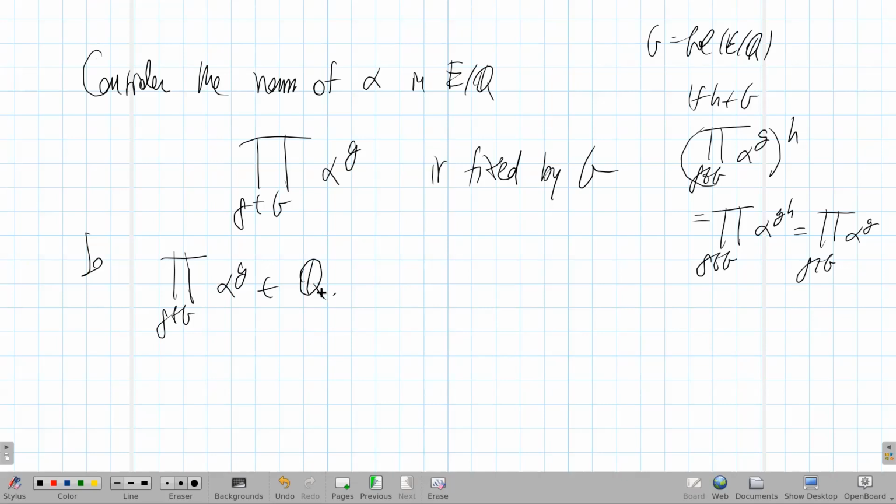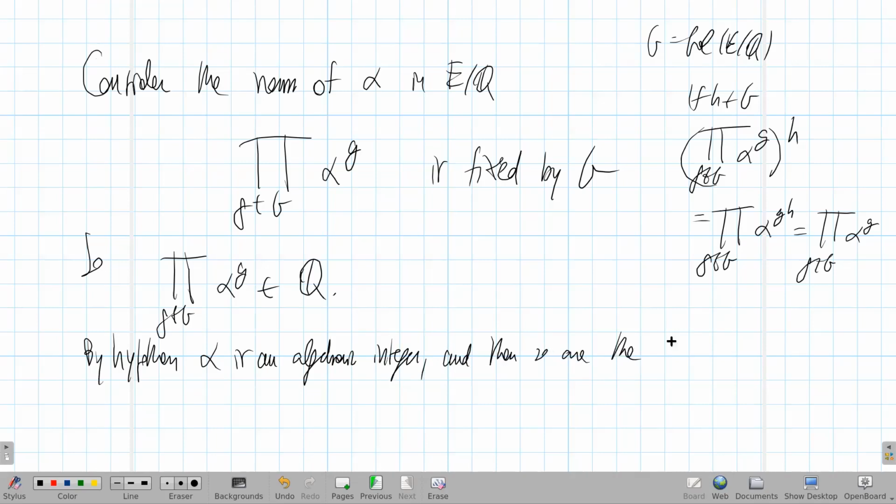Okay, and by hypothesis, recall that alpha is an algebraic integer, and then so are the alpha G. This is an argument we have already seen.